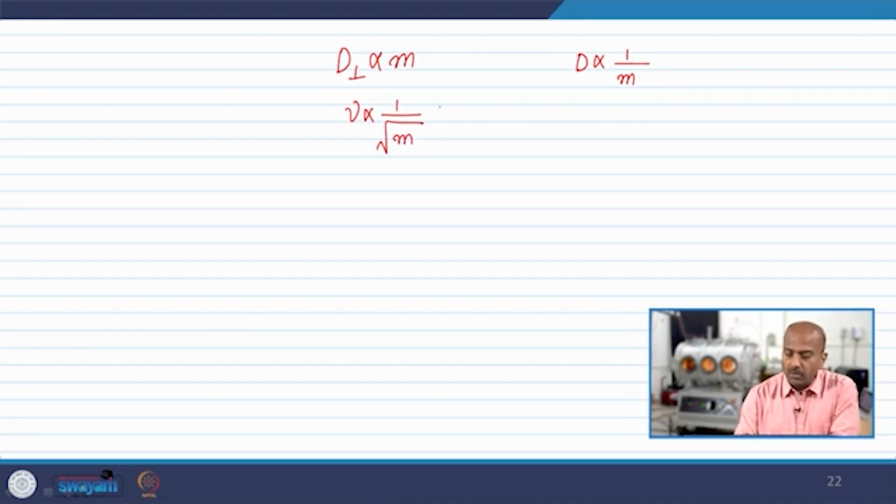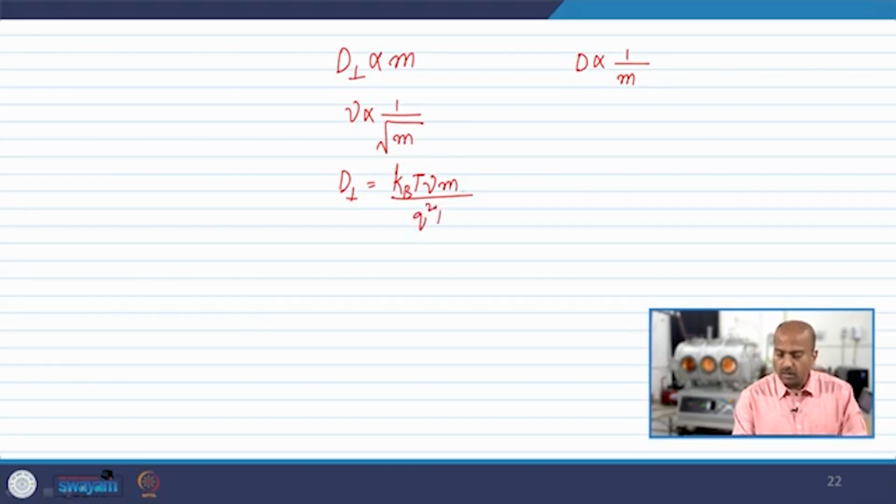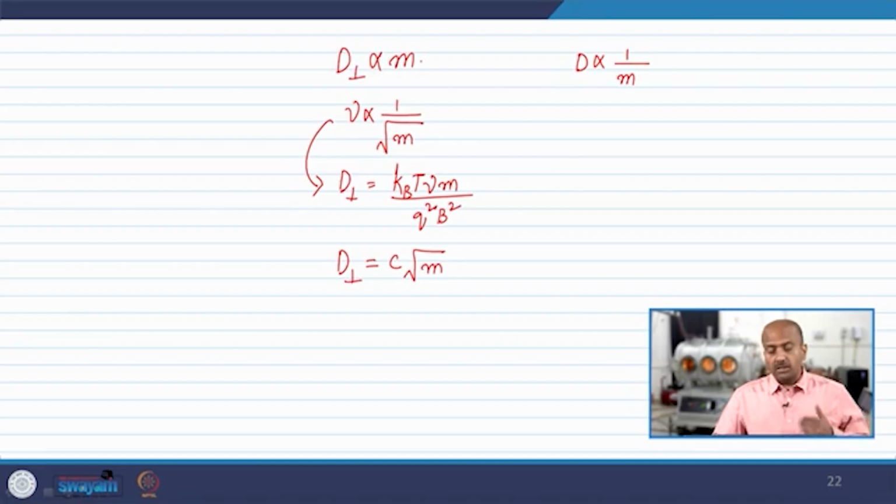So, if you put this into this expression, D perpendicular is equal to k_B T nu m divided by q square B square. If you put this in, what you will realize is D perpendicular is some constant times square root of m. Okay. So, it is not directly proportional to m, rather it is directly proportional to square root of m. That is the basic difference.